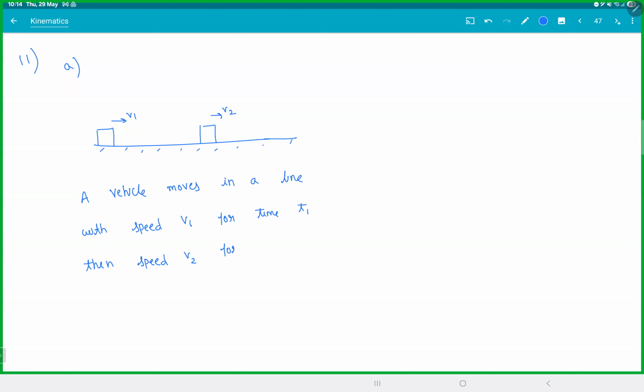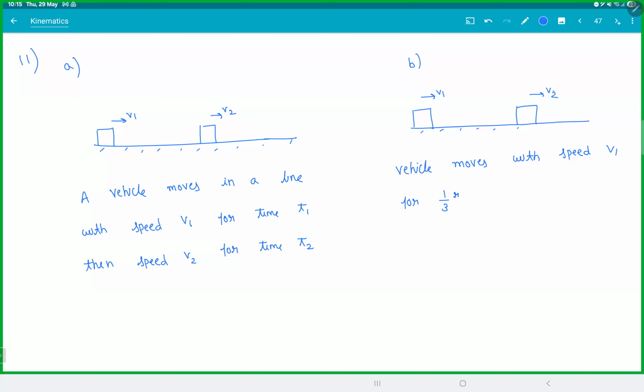Then speed v2 for time t2. In the second case, again, the vehicle moves in a line with speed v1 for 1/3 of the distance, and with v2 for the remaining 2/3. Find the average speed in both the cases.